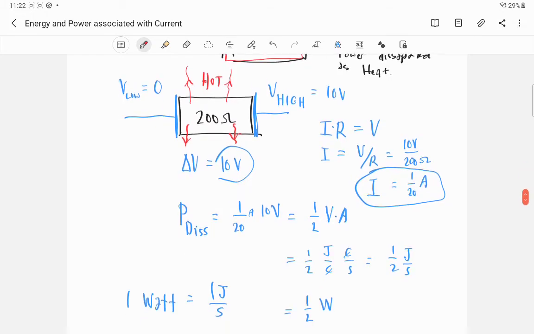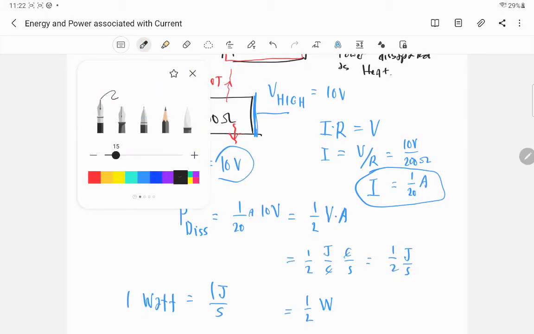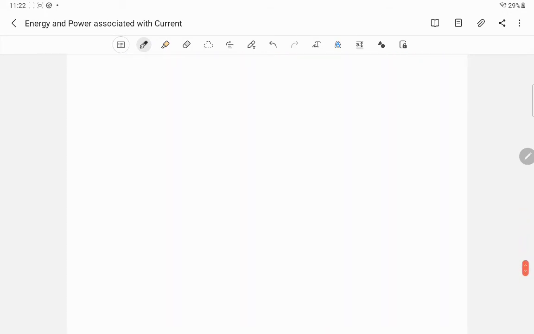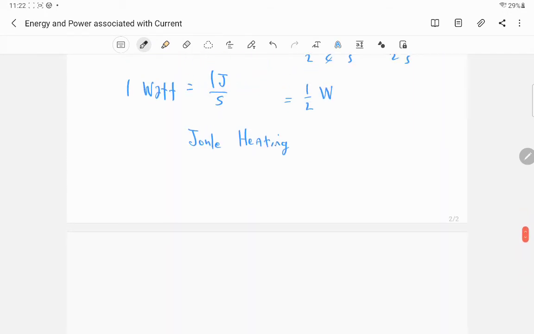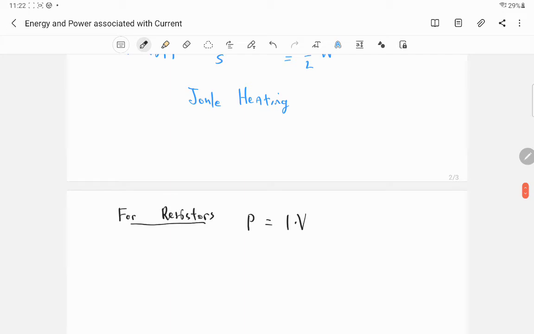Let me tell you one other useful fact real quick. For resistors, the power is I times V. Actually, this is just true for anything.